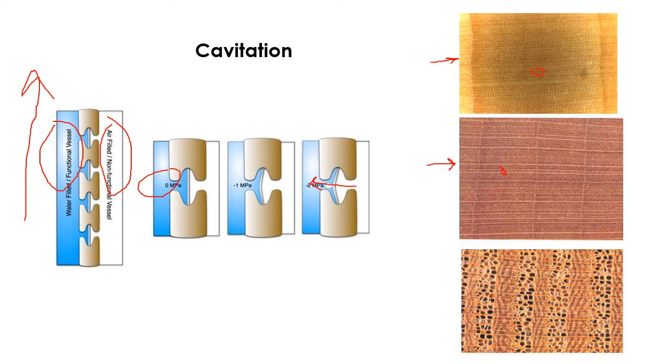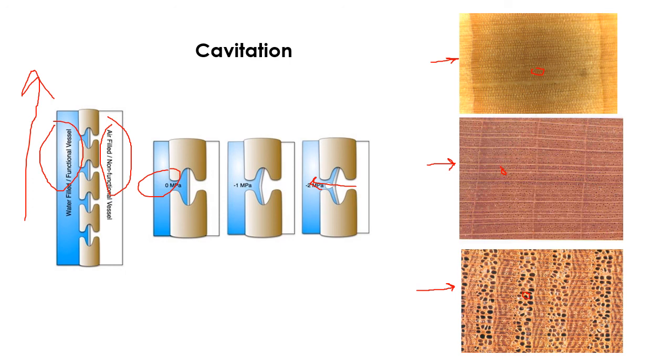If you have big vessels like this ring porous hardwood, this oak, those are really susceptible to cavitation because of the big diameter, it's easy to get a bubble in there because you don't have that adhesion of the water to the sides. It's not quite as strong. So, the safe way is to have small vessels. The risky way is to have big vessels.